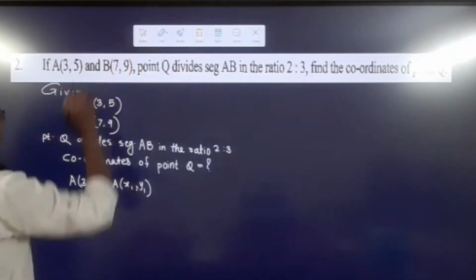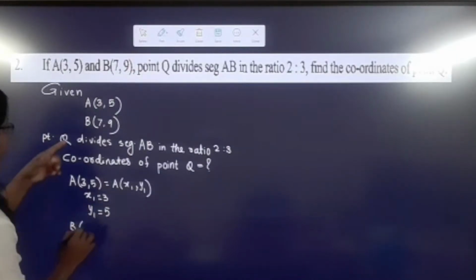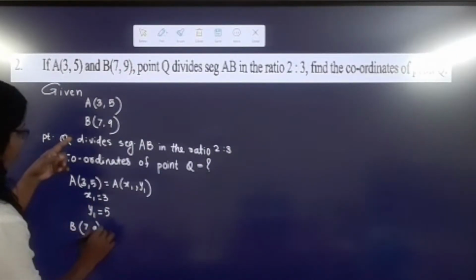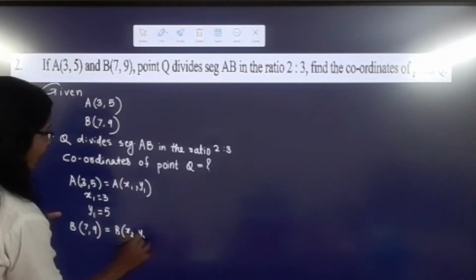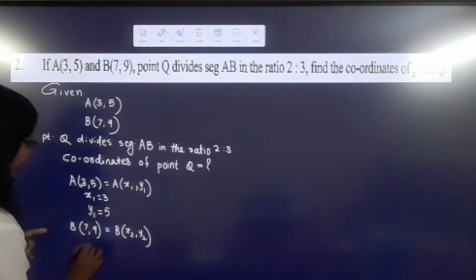The second point B (7, 9) is B (x2, y2), so x2 is equal to 7, y2 is equal to 9.